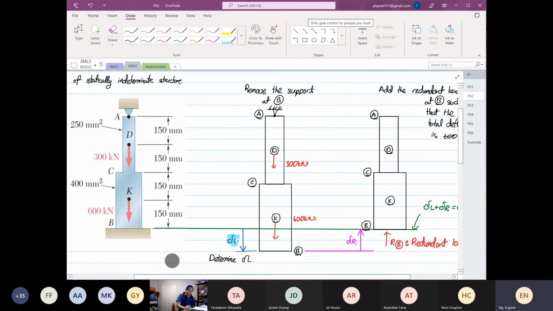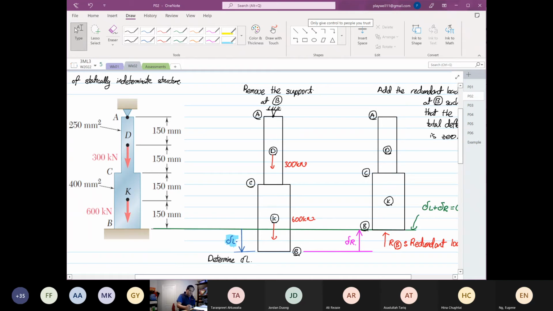Because in reality, if you look at the extreme left diagram, you have a support down here, and it's impossible for the structure to pass through that support. But based on analysis, we allowed it to extend and we allowed it to push back.